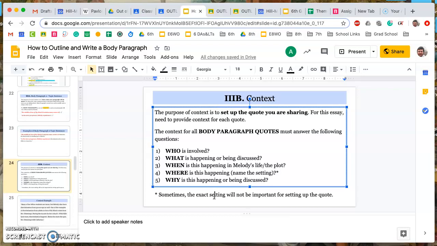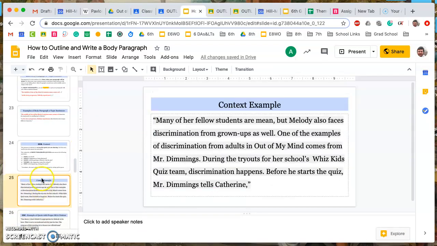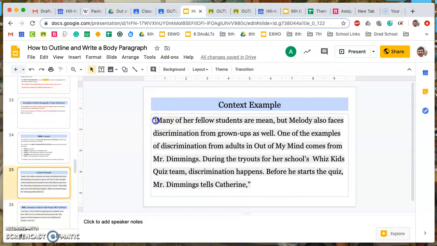You don't want to drop in a quote and make them confused, like in those bad examples that we looked at in class for using quotations and writing with quotations. And there's a context example again that you can look through.